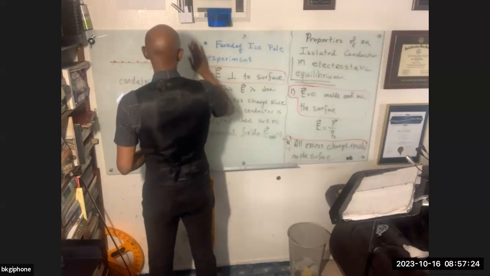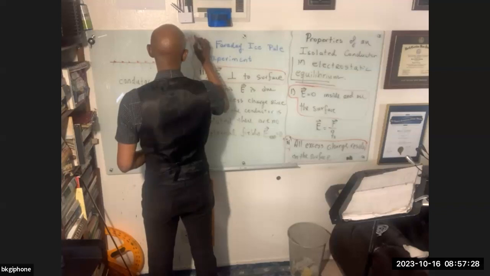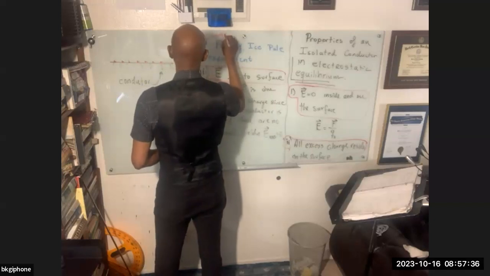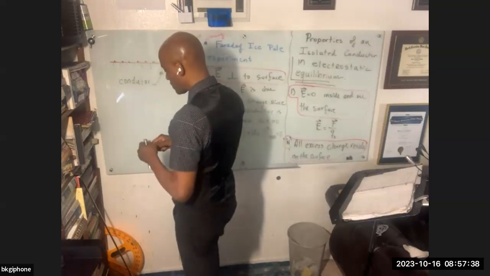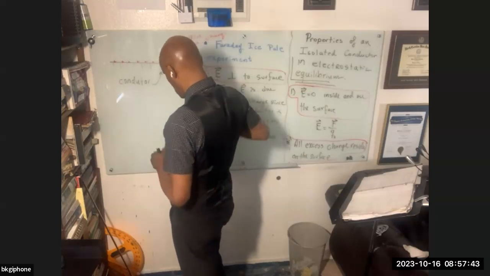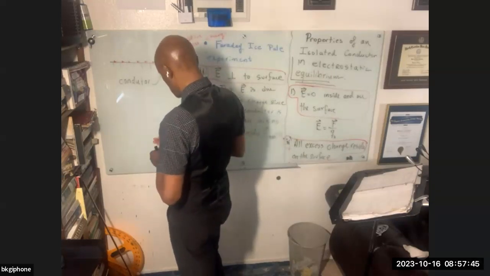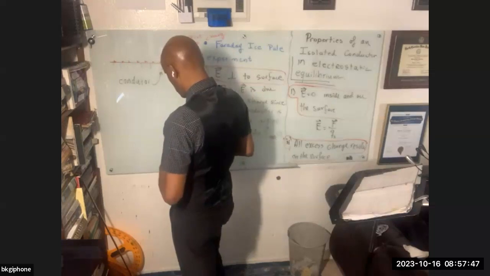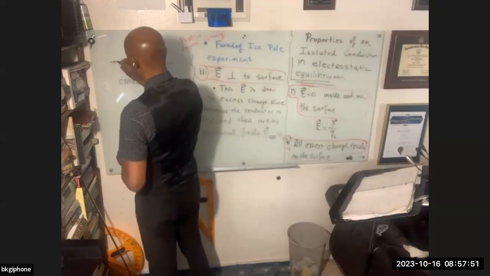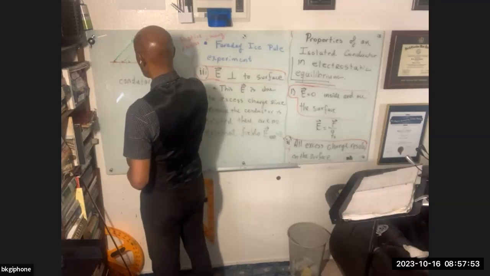So if we have positive excess charge, let's assume that the field is not perpendicular. So this charge has a field.